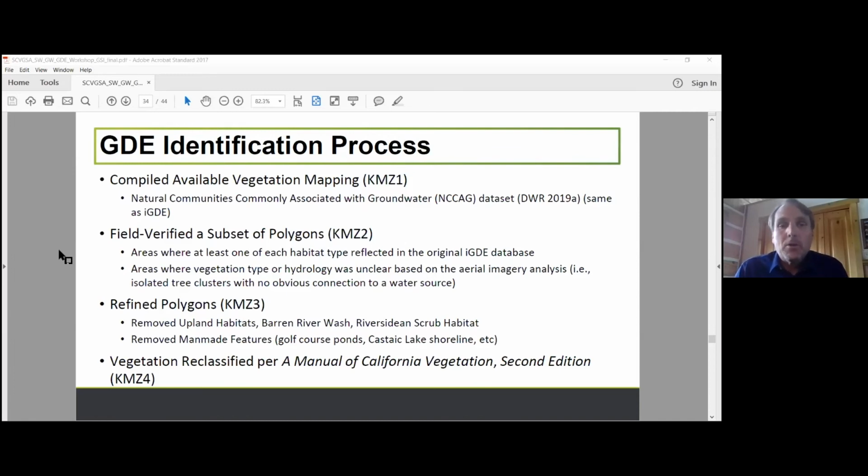We all know that we live in an area with very dry hills and very dry arroyos. And so that's an indication that groundwater is not making it to the surface shallow enough for the root zones. So we compiled the existing data, and then we did some aerial photograph reviews and quality controlled that.